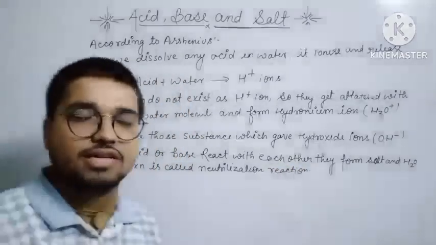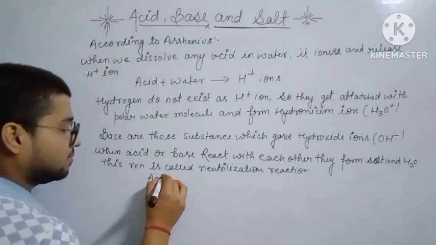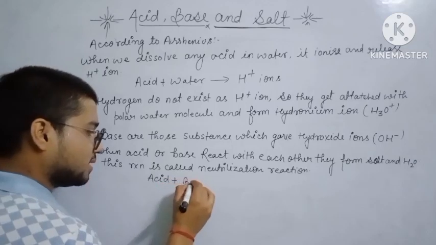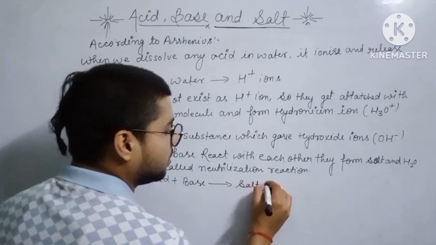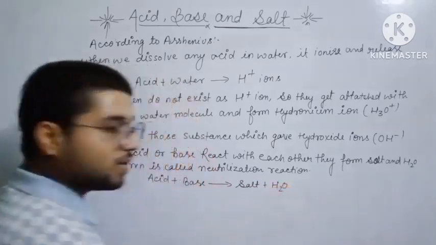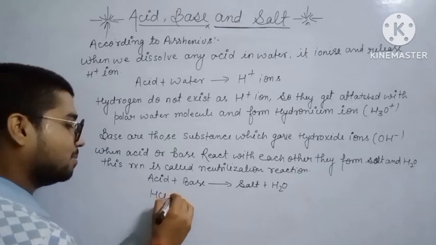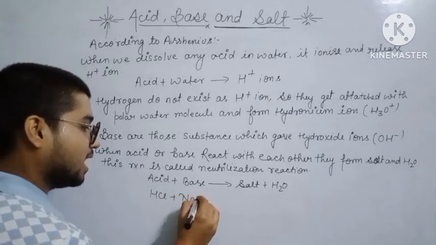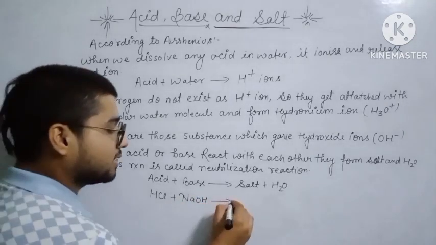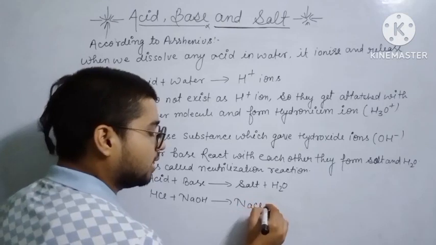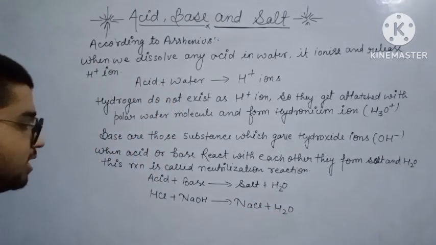Such as acid plus base gives salt plus water. For example, HCl plus NaOH: hydrochloric acid plus sodium hydroxide gives NaCl plus H2O. It is an example of double displacement reaction.